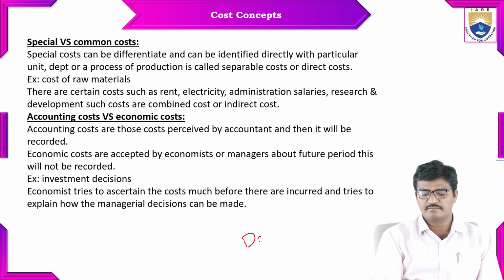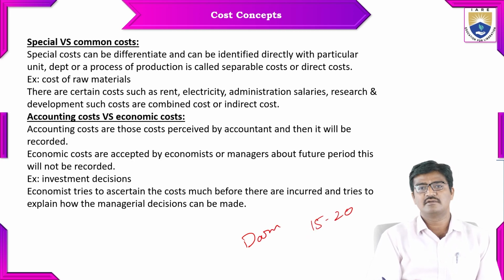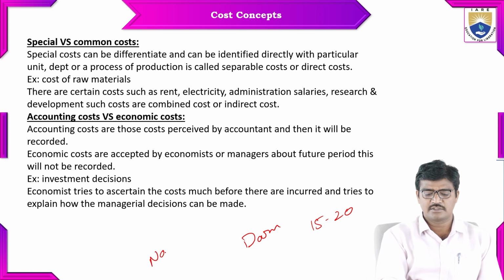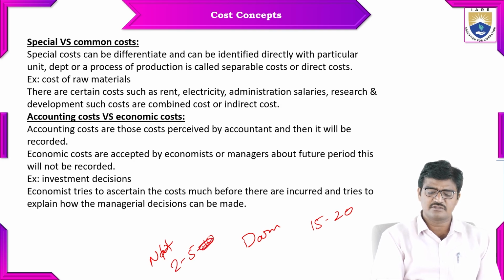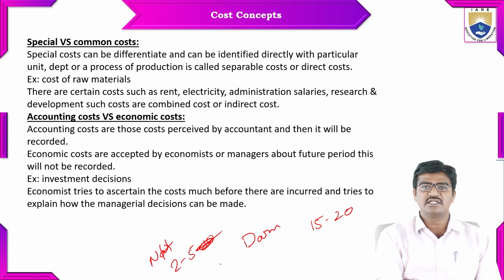Construction of a dam takes approximately 15 to 20 years. Construction of national highways takes 5 to 10 years, and a minimum of 2 to 5 years is going to be considered.